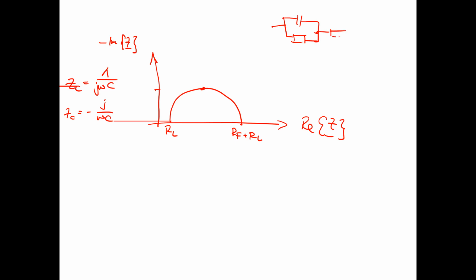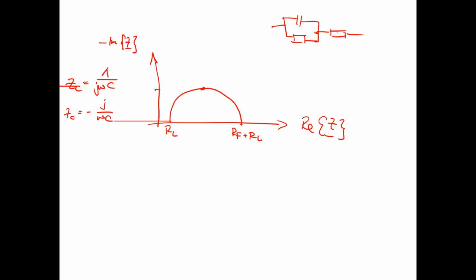We assume we would have something like that. If we are at omega equal to 0, we have an open circuit. Open circuit is RL plus RF in theory.